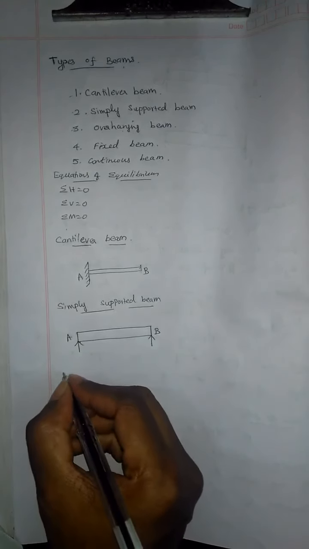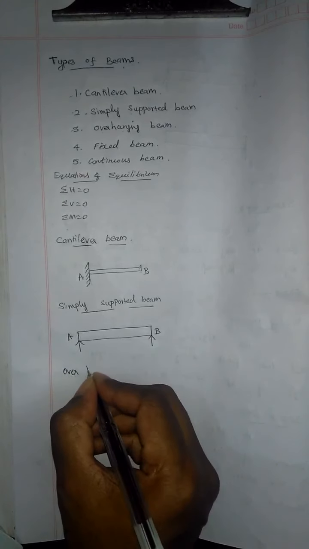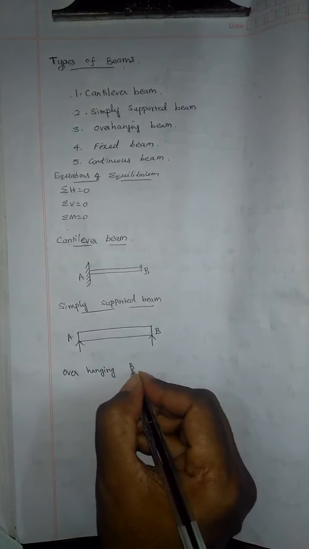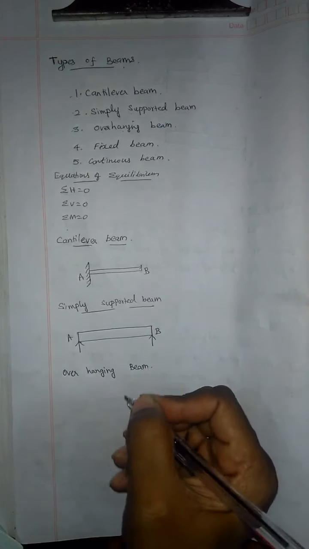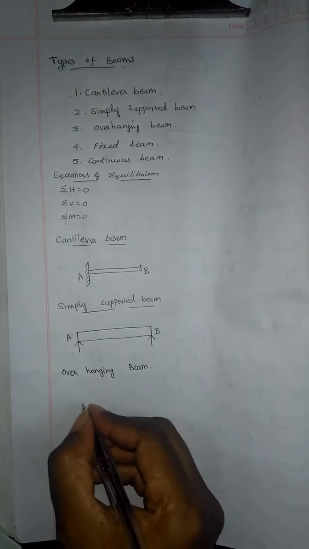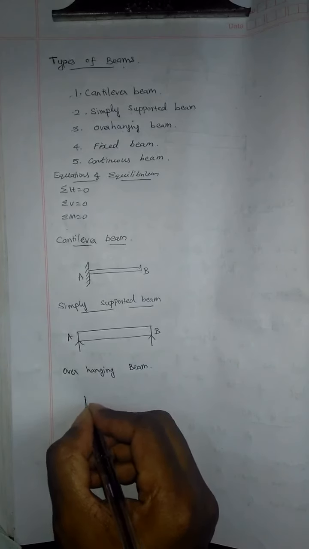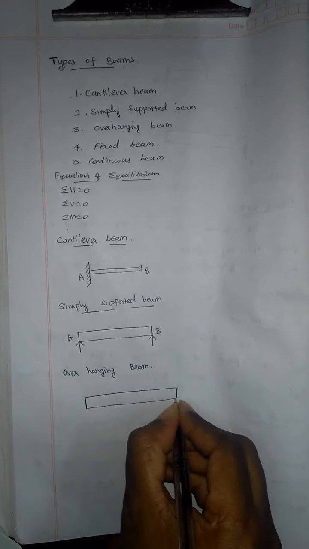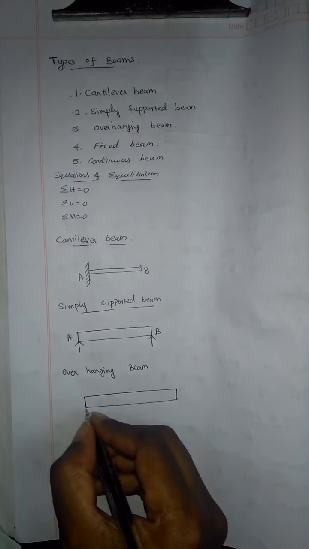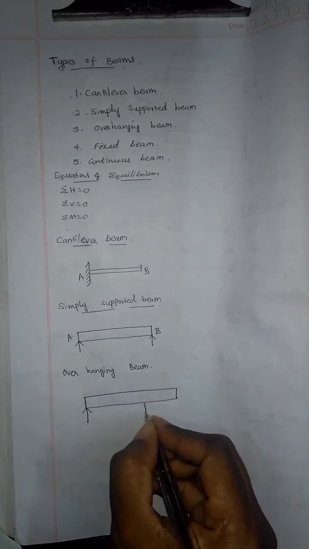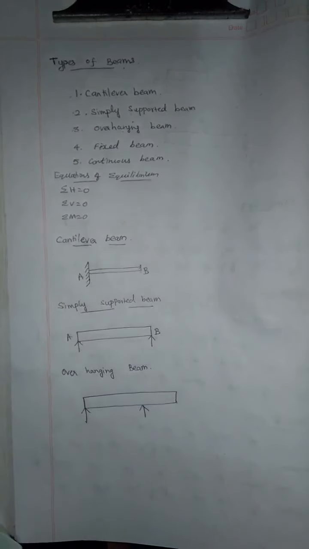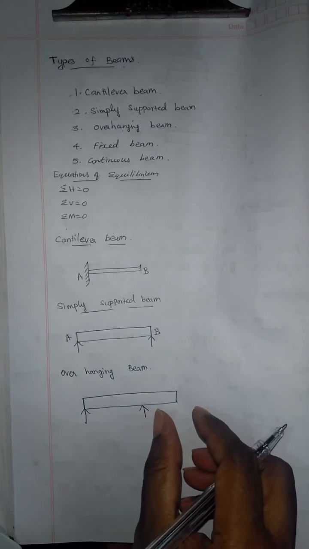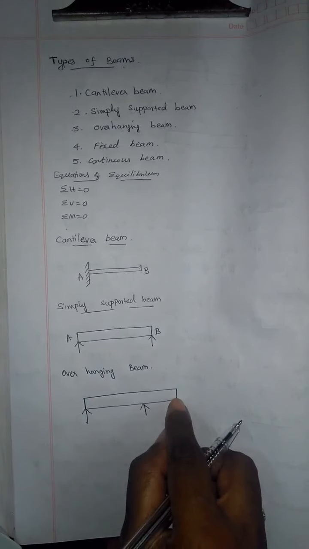So the next thing is the overhanging beam. When the beam is projected beyond the support like this, then we'll call it an overhanging beam. The end portion of the beam is extended beyond the support.